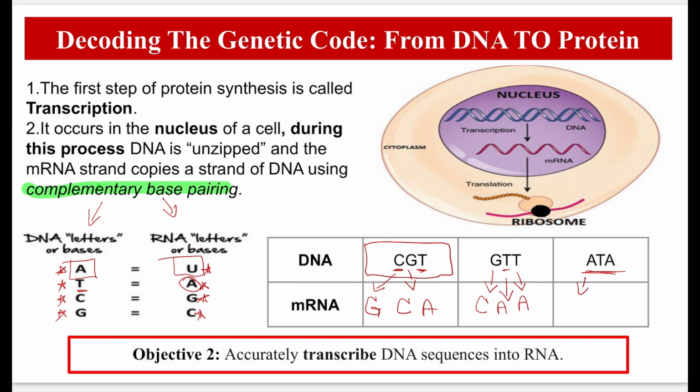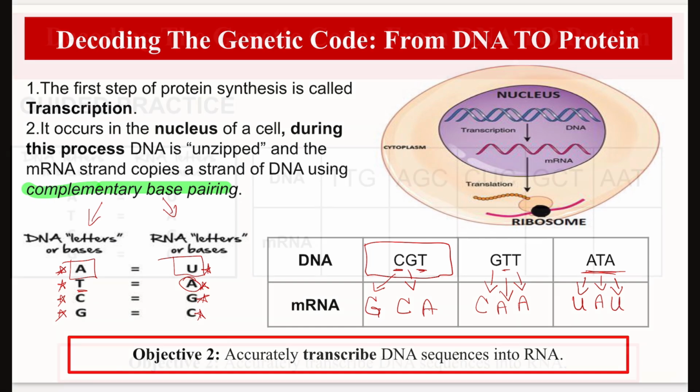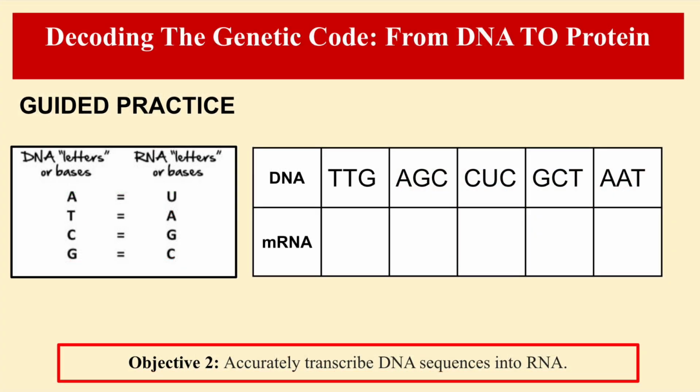A matches with U, T matches with A, and A matches with U. ATA became UAU. Now you will practice decoding DNA into RNA using this DNA sequence.